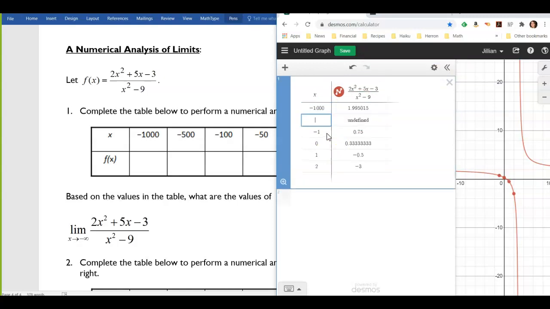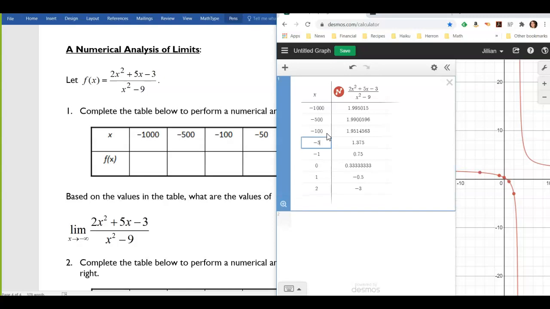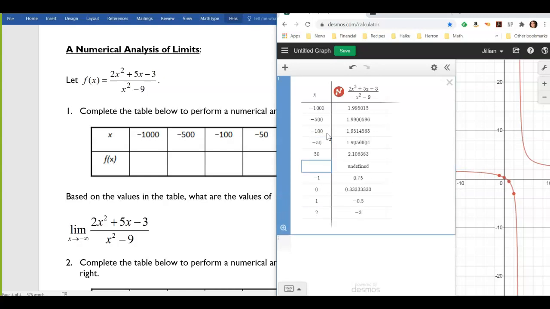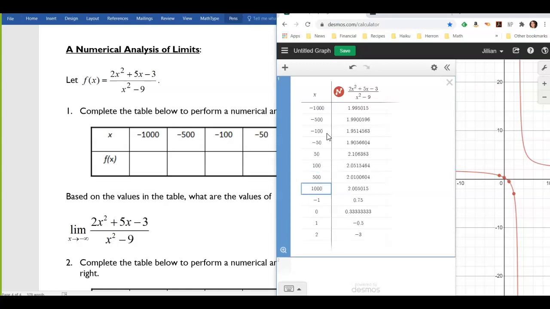Negative 1,000, negative 500, negative 100, negative 50, positive 50, 100, 500, 1,000. And then let's go ahead and fill those values in on our table.